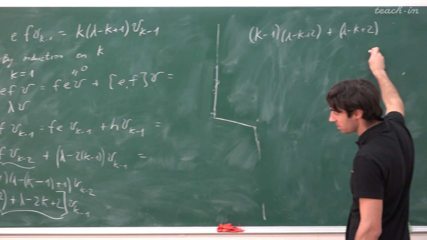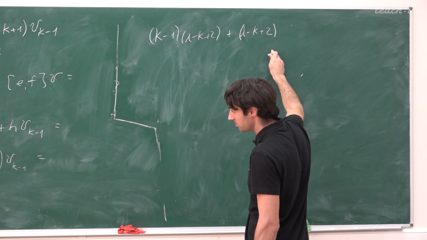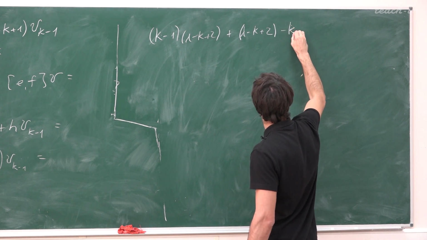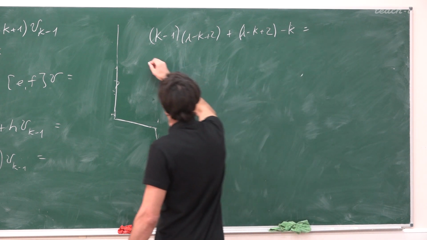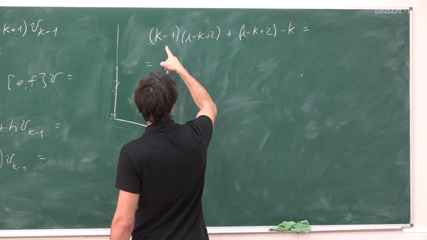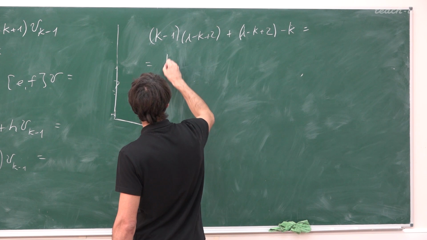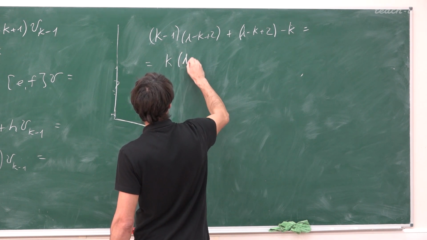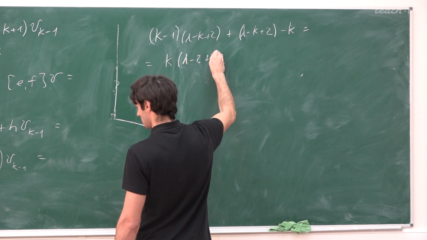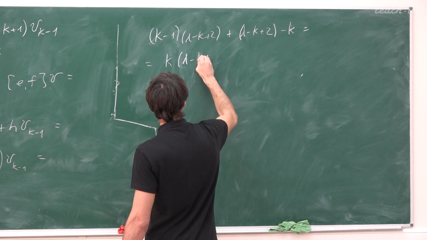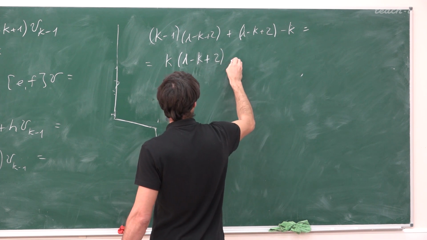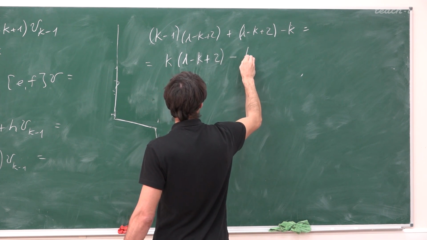And what's left? Minus k. Am I doing this the right way or not? I don't know. So k minus 1 plus 1 gives me k lambda minus k plus 2, plus lambda minus k plus 2, minus k.